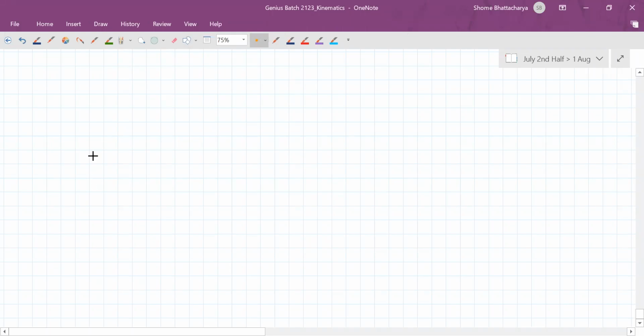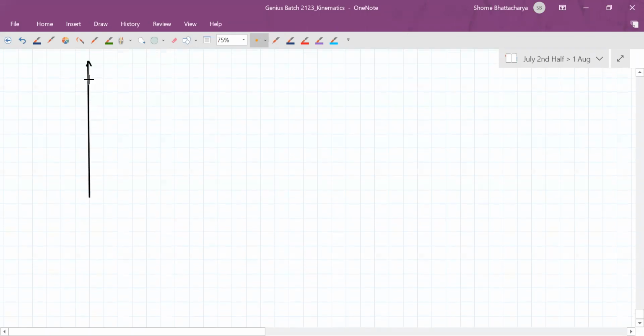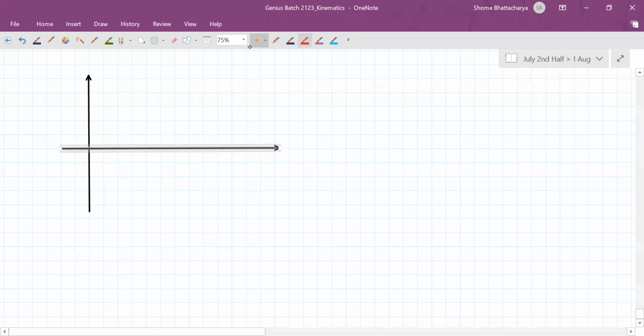If we are looking at the velocity versus time in a vertical projection, and that graph looks like this, as we are discussing, it goes from plus u to minus u in a time frame of capital T. Then how will the speed versus time graph look?